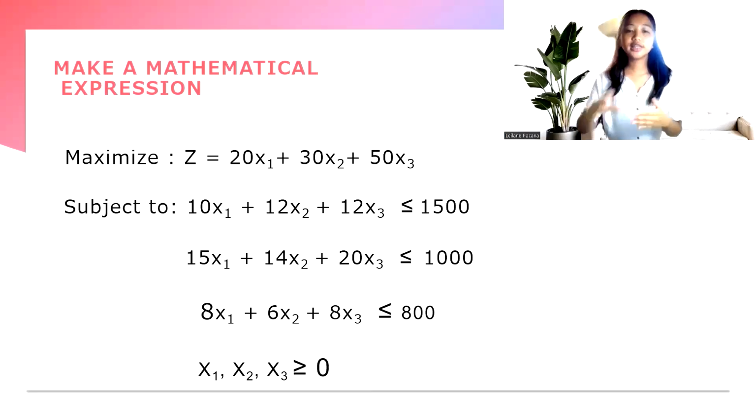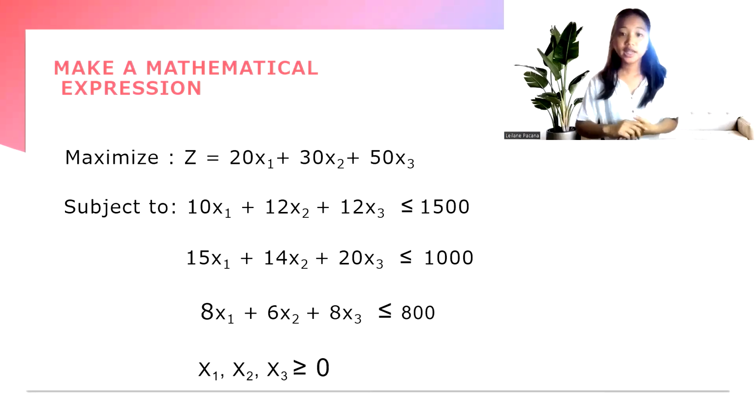So now let's have our first constraint: 10x sub 1 plus 12x sub 2 plus 12x sub 3 is less than or equal to 1,500. This is for our first department. For our second constraint, it's 15x sub 1 plus 14x sub 2 plus 20x sub 3 less than or equal to 1,000.